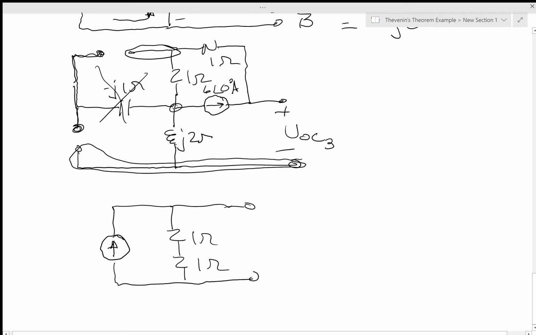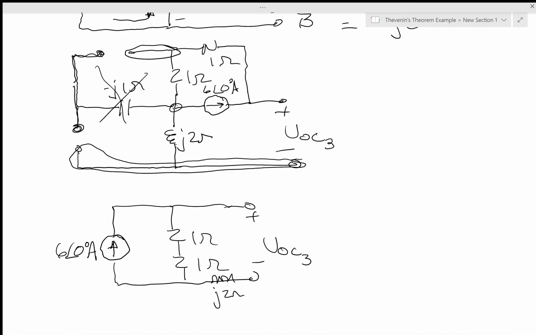Forgot the inductor here. I'm looking for VOC3, and this is 6 angle 0 degree amps. So basically all I did was rotate it counterclockwise 90 degrees, threw the resistors onto the right side of the source, and found VOC3.